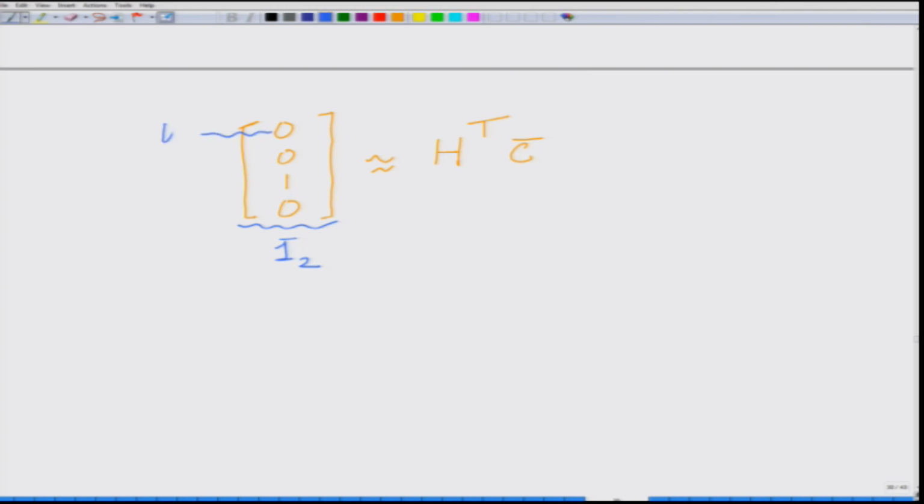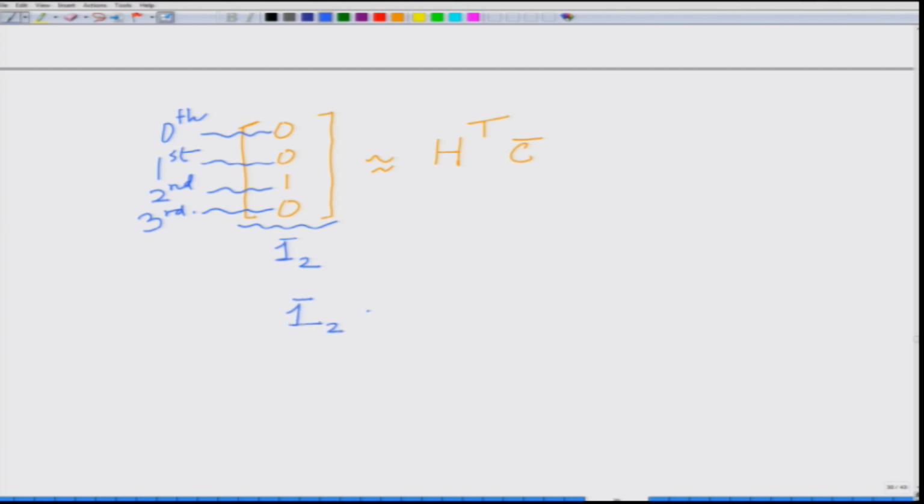If you call this the 0th position, this the first position, this the second position, and this the third position, this has a 1 in the second position and zeros elsewhere. So, this is denoted by the vector 1 bar 2.